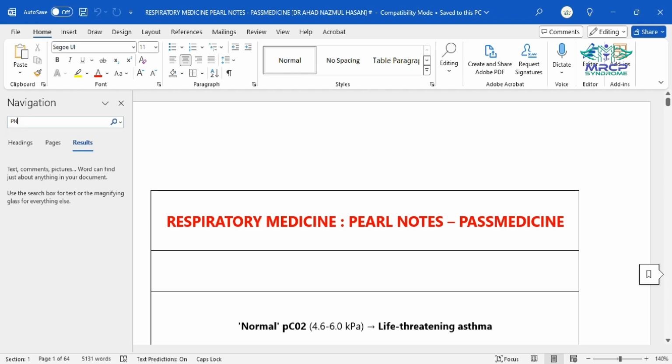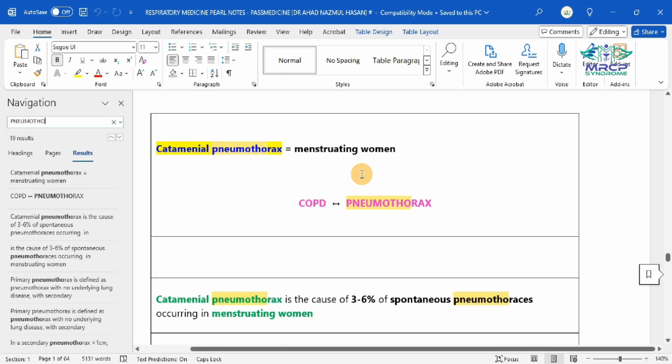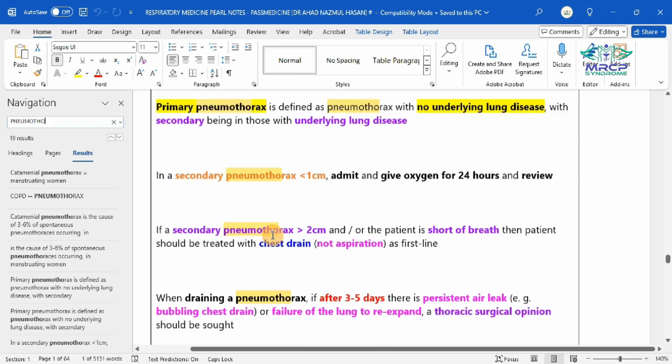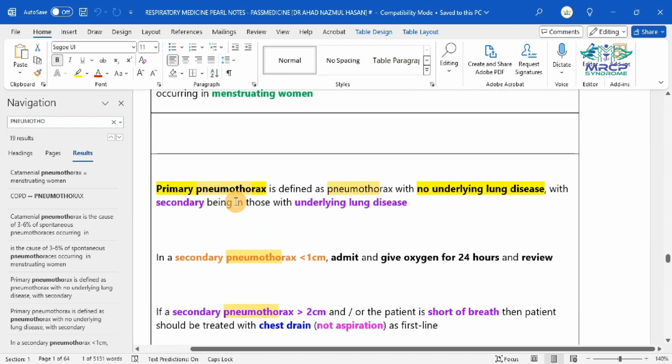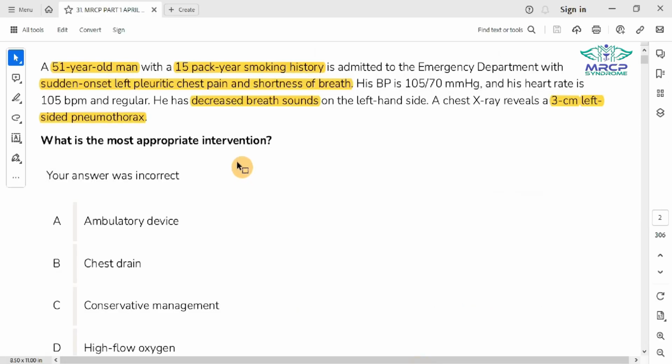The secondary should have some pre-existing lung disease. In case of primary pneumothorax, there would be no underlying lung disease, and in case of secondary, there will be underlying lung disease, especially COPD. And in our scenario, there is no underlying lung disease. So this is the primary spontaneous pneumothorax.